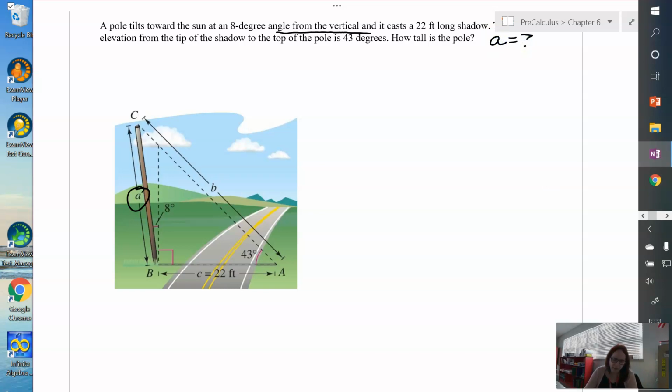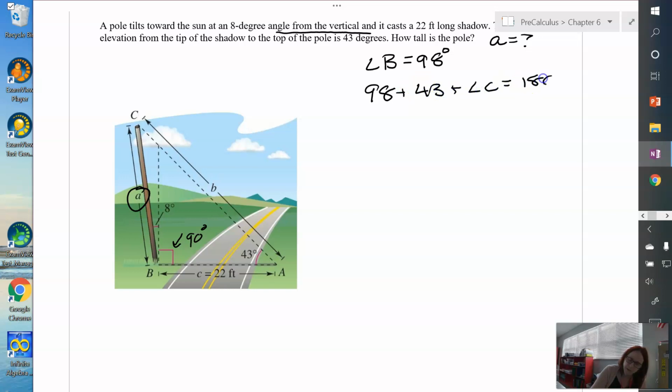And what we have is we have sine of A, and we have B, but notice this is a right angle plus another 8 degrees. So angle B is going to be 98 degrees. And then we can get angle C from this. So 98 plus 43 plus angle C is going to equal 180.